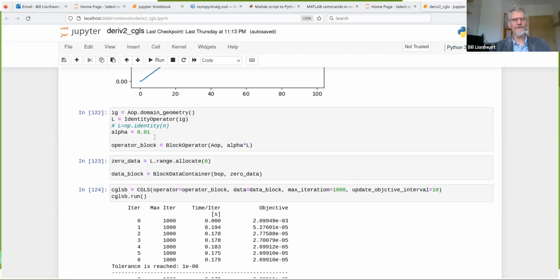So we've got the same alpha, and then I use block operator of the A and alpha times L. So that's a block operator, and of course CIL knows to multiply that by a vector, you use the 2 blocks and you get a block vector as the output.